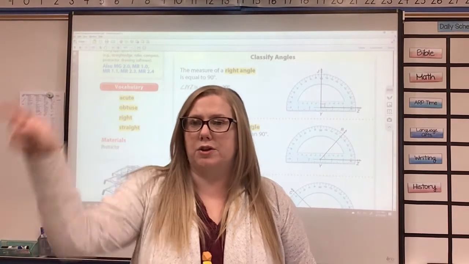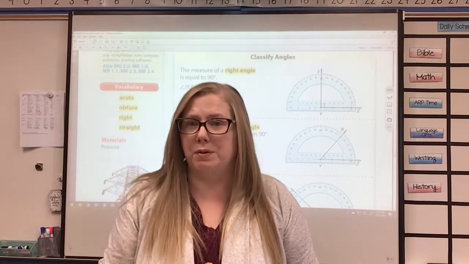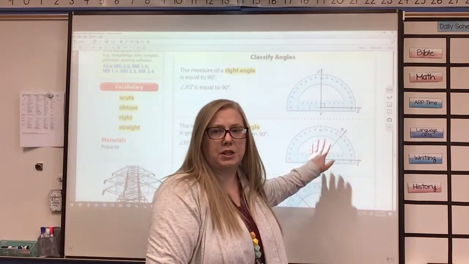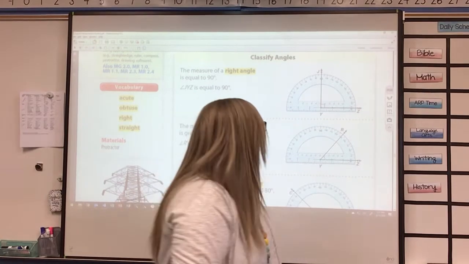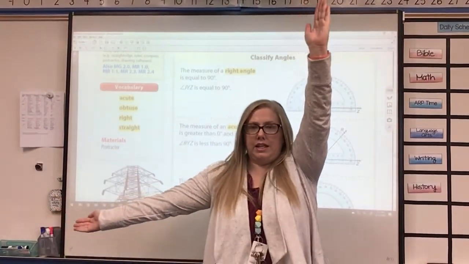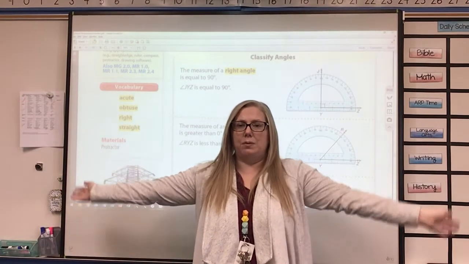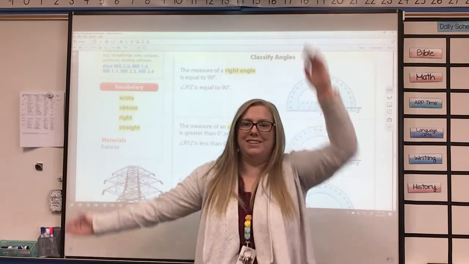So it has the degrees on it, and it's how you measure angles. We don't do that, but it's good information for you to have, especially since you have this page that I'm showing you. All right, so remember, if it looks like this, and it has a right angle, that is a right angle.